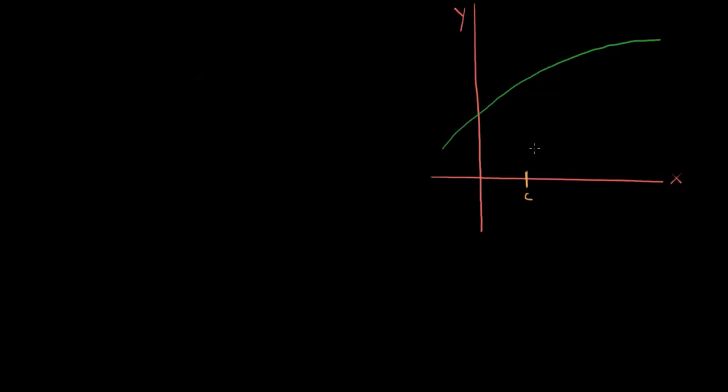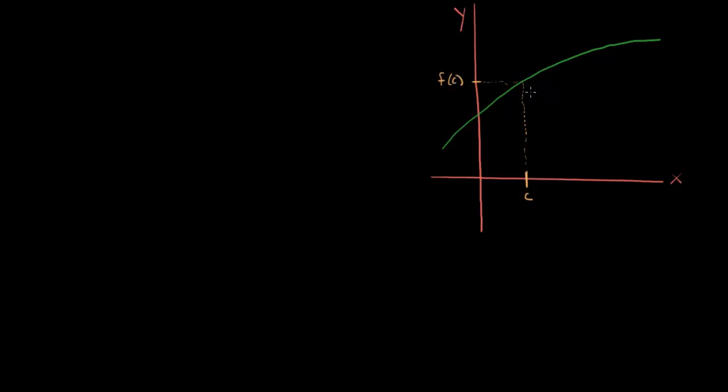Well, let's use that idea of secant lines, of using secant lines as approximations. If there's x equals c, then if you go straight up, hit the curve, and then go to the right, well, there is f of c.